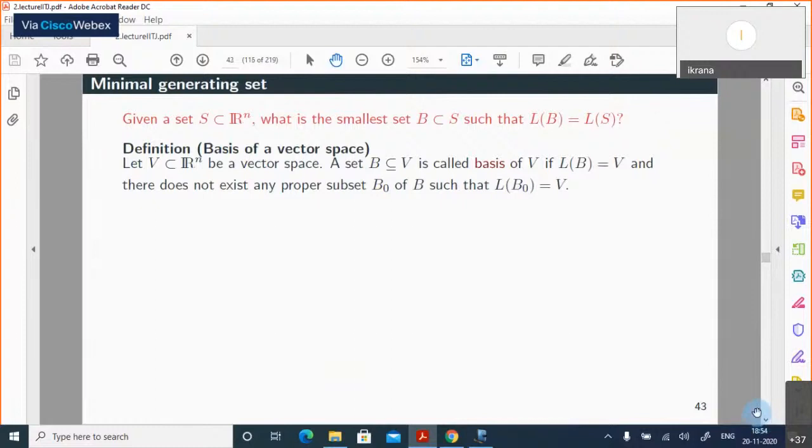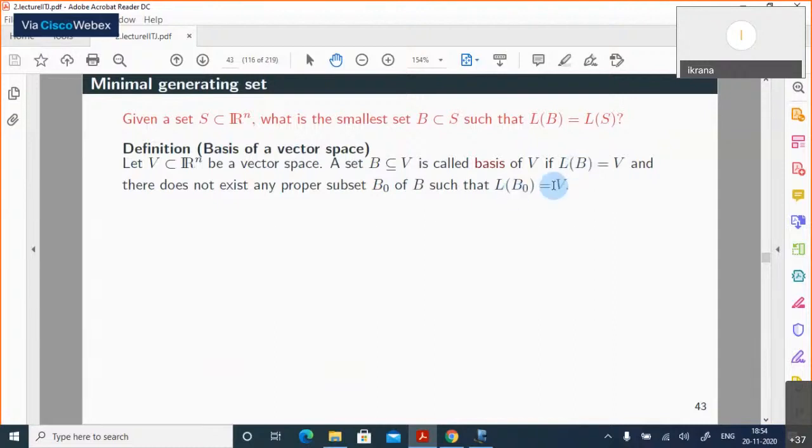For a set in Rn, a subset B of V is called a basis for the vector space V if it spans, meaning L of B, the linear combinations of elements of B, is equal to V. Every element in V is a linear combination of elements of B, and you cannot make it smaller, meaning no proper subset of B has that property.